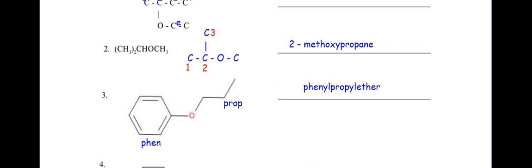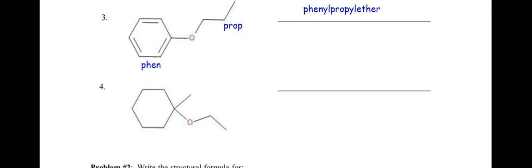Okay, let's look at number 4. Well, this looks kind of like a mess. All right. So notice that this is on the first carbon over here, and it's kind of on the first carbon of the cyclohexane here too. But what else happens? I have a branch off of my cyclohexane, don't I? So I have 2 branches off of the cyclohexane.